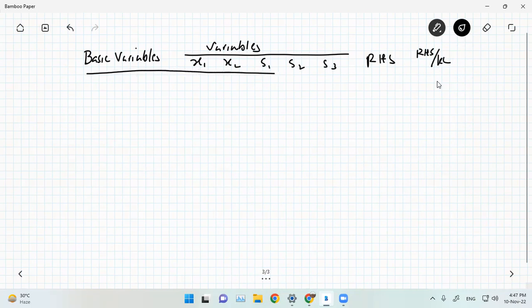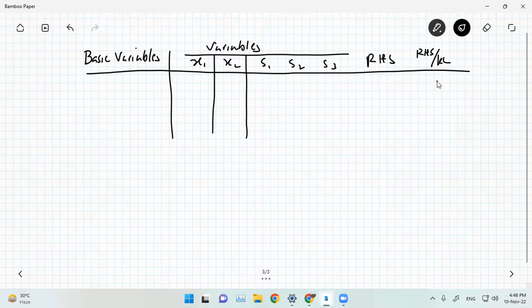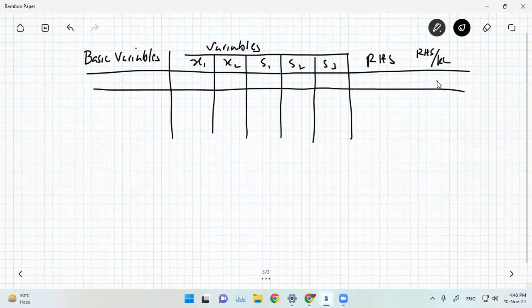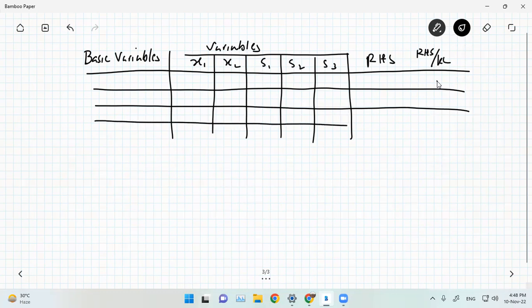We also have to identify which element entered and which element exited. Let me just complete the table first, then we'll go to the next step.